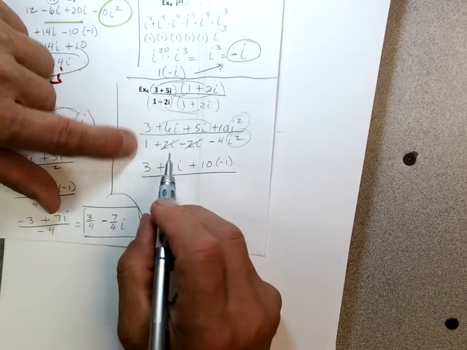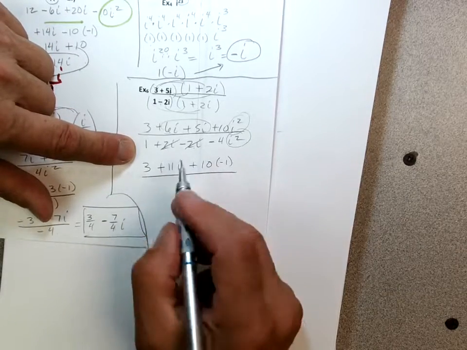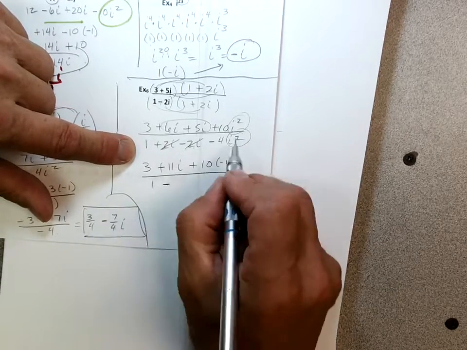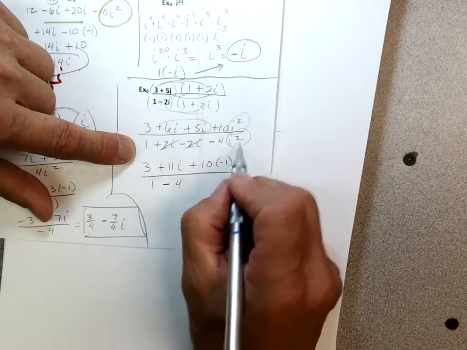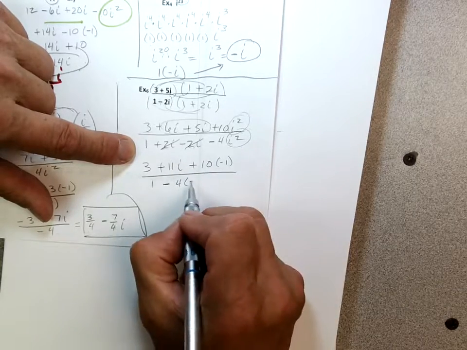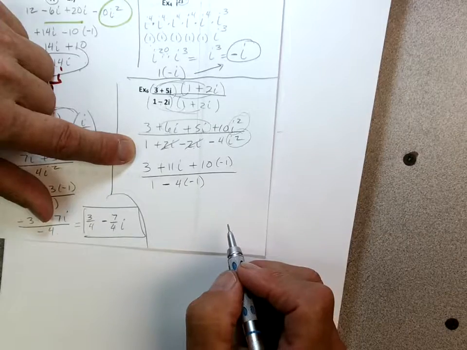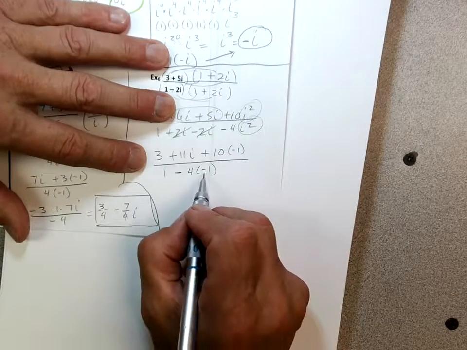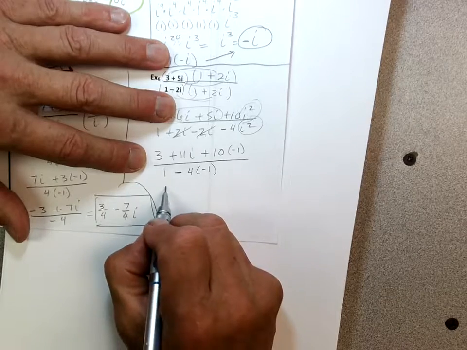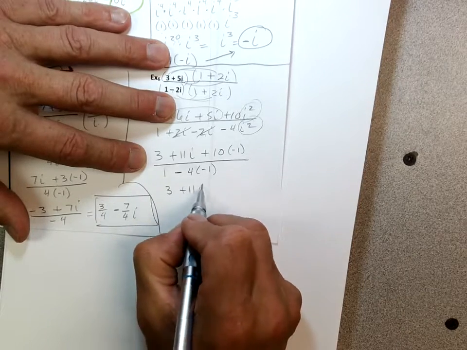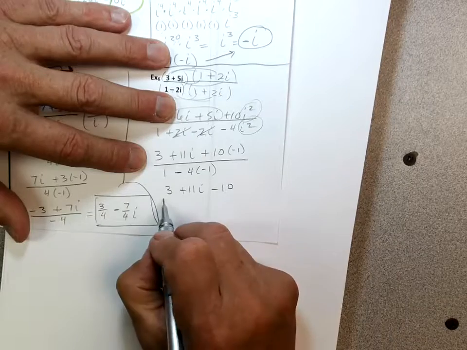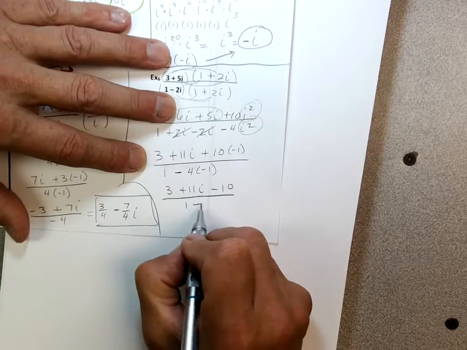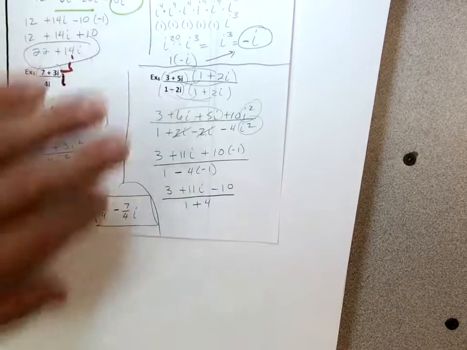Okay, in the denominator, the two i's are gone. So I'll have a 1 minus a 4, and I'll make my i squared into a -1, okay? Alright, we're getting close. That's a -10, and that's a +5, so let's go 3 plus 11i minus 10 over 1 plus 4, because -4 times -1.